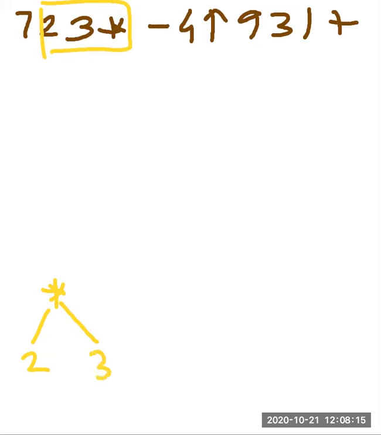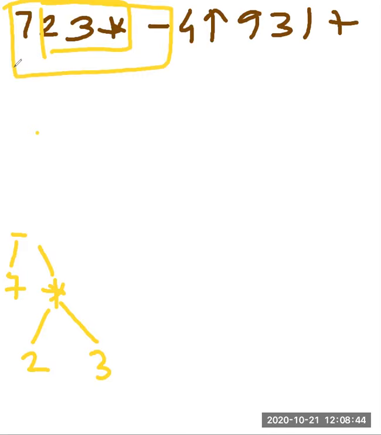And then to this we have 7 minus. It means we have now evaluated this much part of the tree. 7 minus.